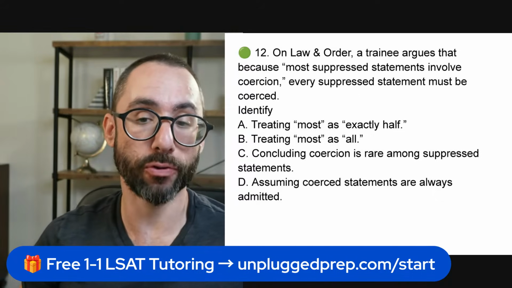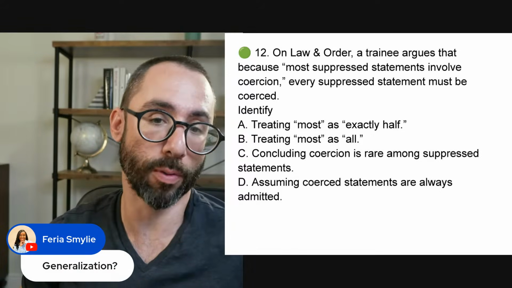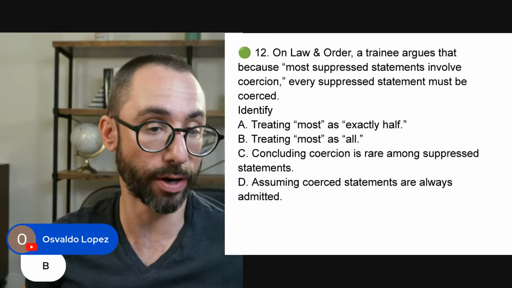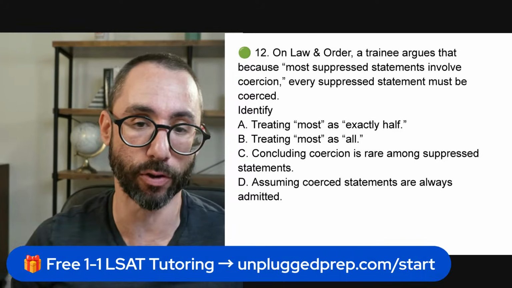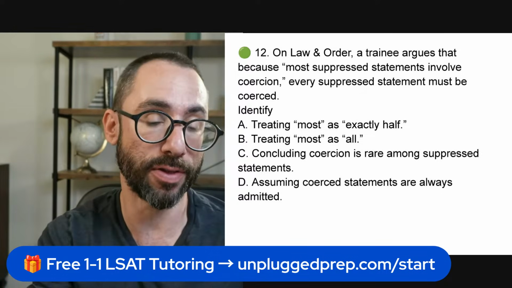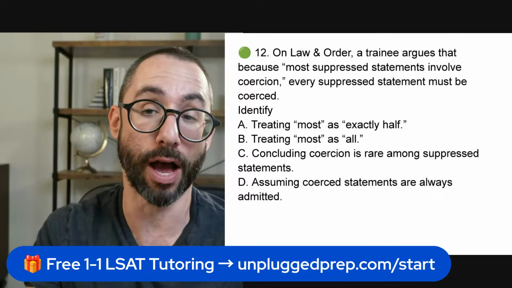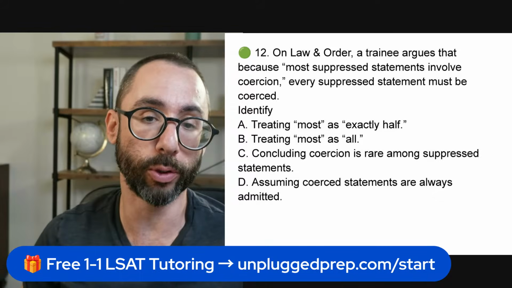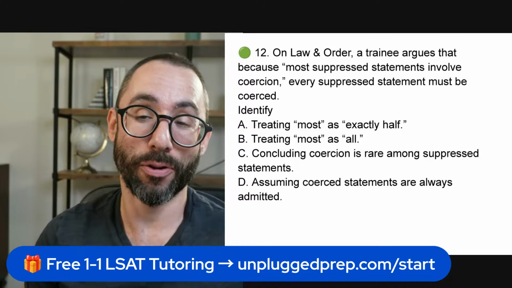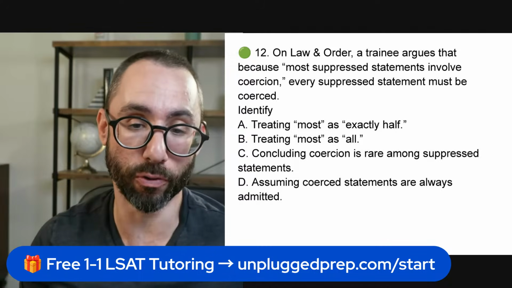Yes, treating most as all, which, yes, Feria, is a form of generalization or overgeneralization. Well done, exactly right. So they're treating most as all. Evidence about most is then expanded in scope, generalized, overgeneralized to be all, which of course they should not have done. If your evidence is regarding most, your conclusion can also only be about most as well.